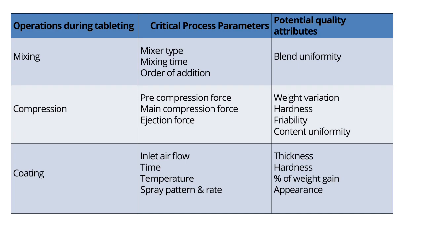Now, during compression, the pre-compression force, main compression force, and ejection force are the CPPs, and the potential quality attributes are weight variations, hardness, friability, and content uniformity. And in coating of the tablet, inlet airflow, time, temperature, and spray pattern and rate are the CPPs, and thickness, hardness, percentage weight gain, and appearance are the potential quality attributes.